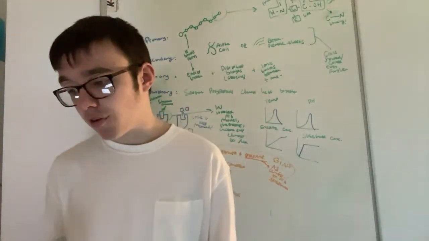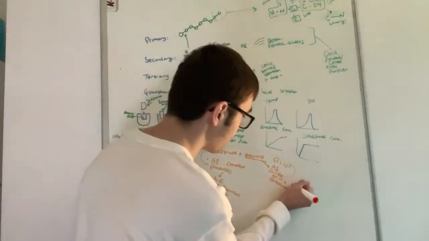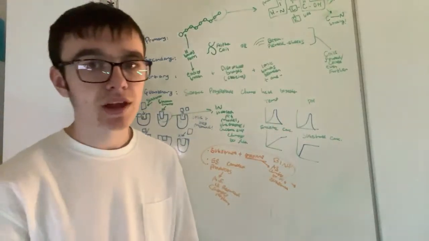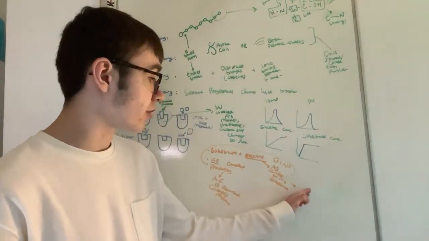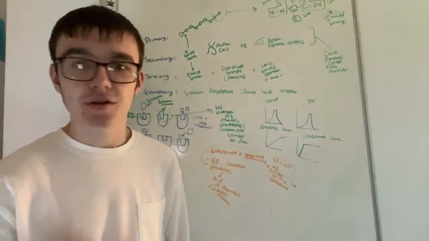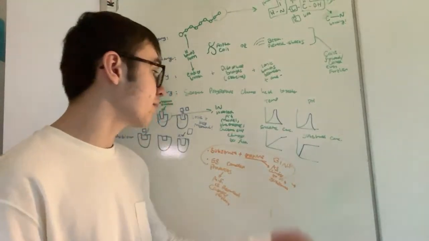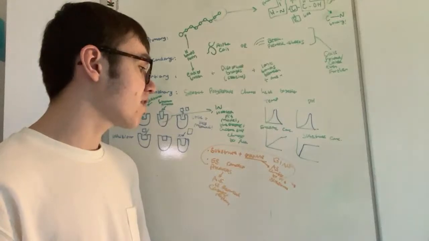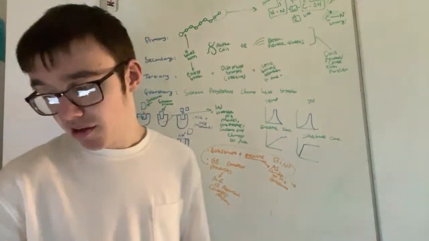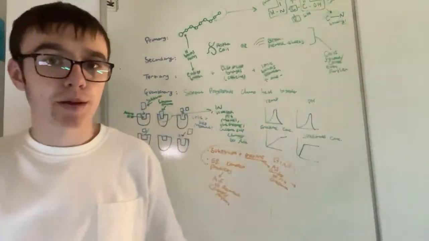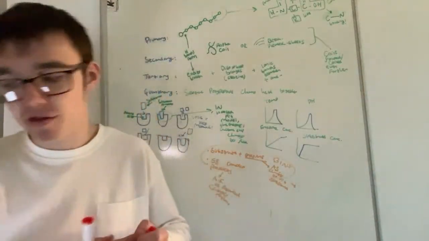I forgot to mention, so obviously I said that this changes to fit shape, but I had to mention that it was complementary. That is a word that we get told so many times that it slips your mind. Complementary. So the active site changes shape, and it says here slightly, so it's not changing shape massively, it's changing shape slightly.